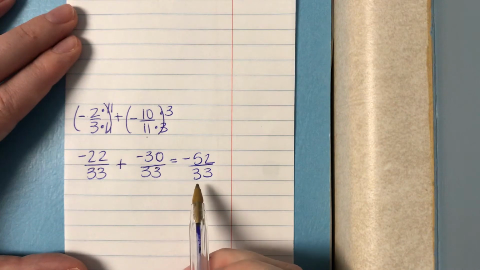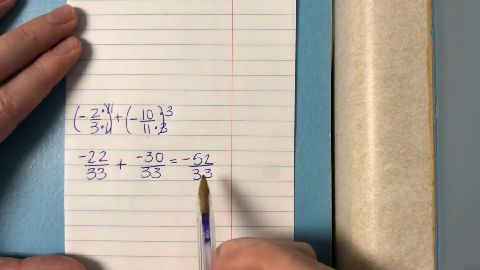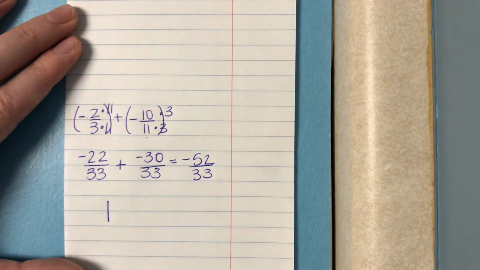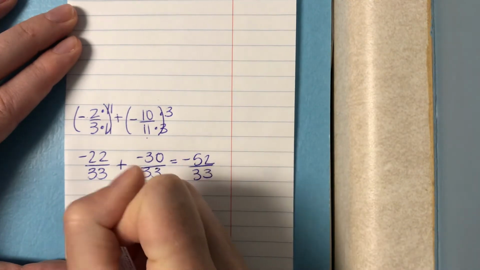Okay, I have an improper fraction here. If you can simplify a fraction, I expect you to. So I have an improper fraction, so I can change this to a mixed number. So 33 goes into 52 one time. And then I need to figure out how many leftovers there are, so I can do 52 minus 33 to figure that out. So there are 19 leftovers, and we should have a negative.